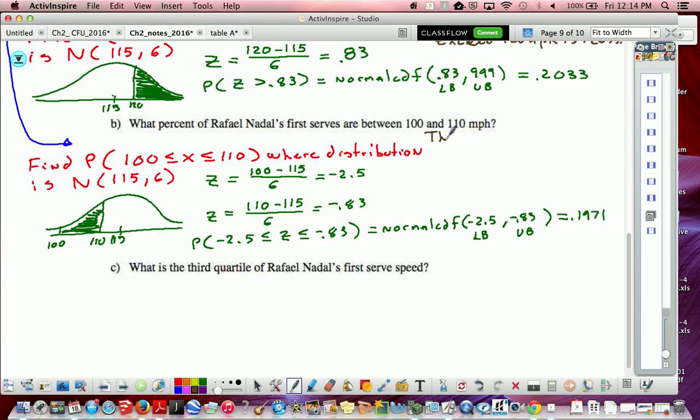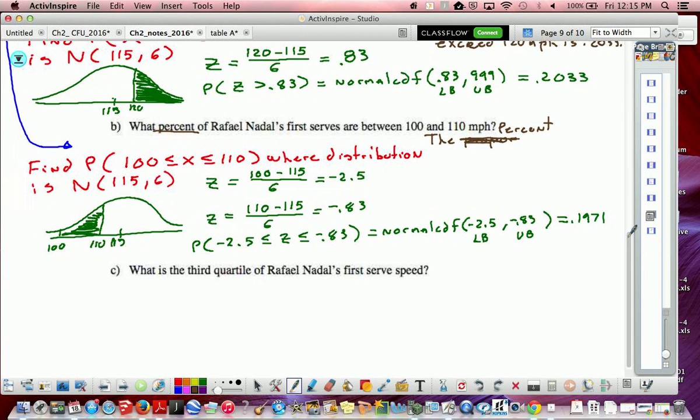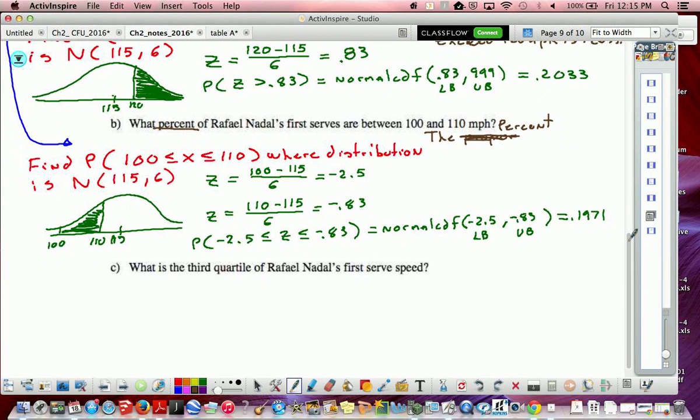So the proportion, is it percent? Oh, so we're talking about percent. Thank you for catching that. Did the previous one say percent? No, it did say proportion.